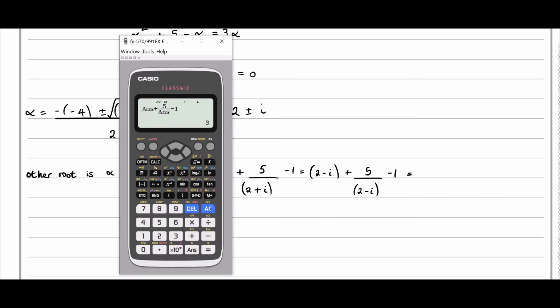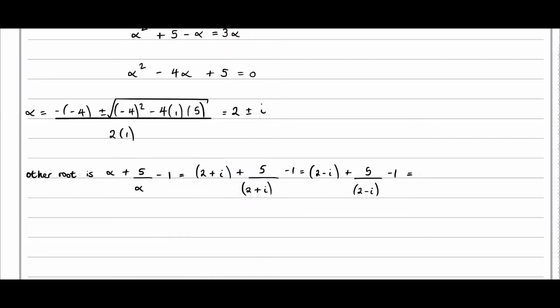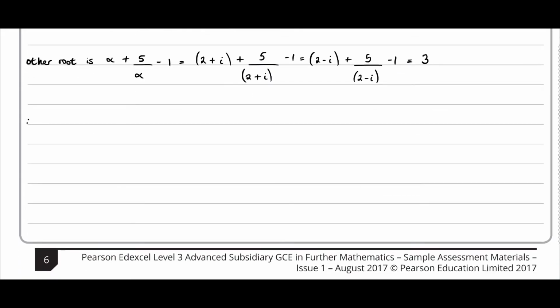We end up with a value of 3. So with that being said, we can therefore conclude over here that the roots of f(z) equals 0 are z equals 2 plus or minus i and also 3.